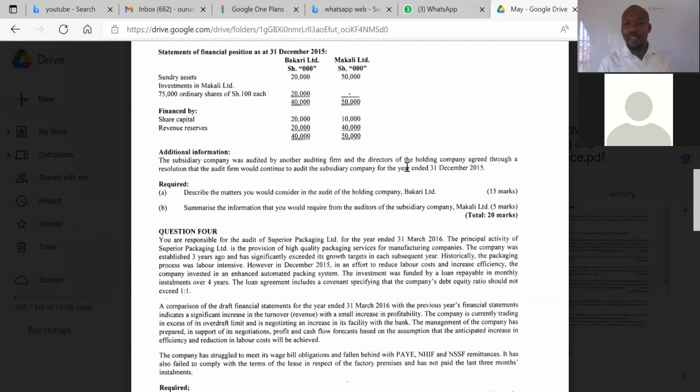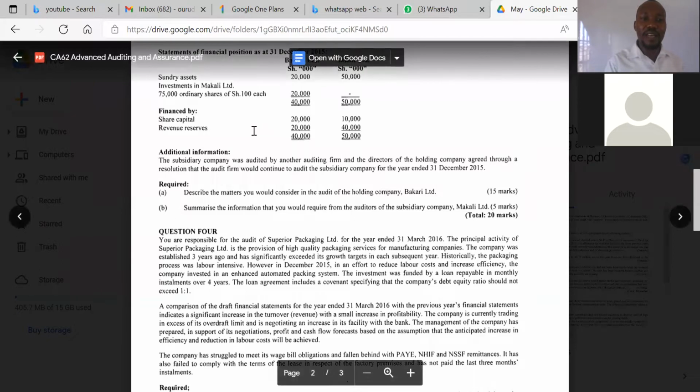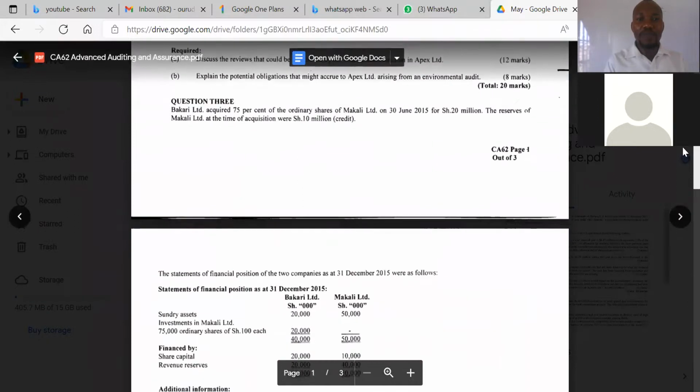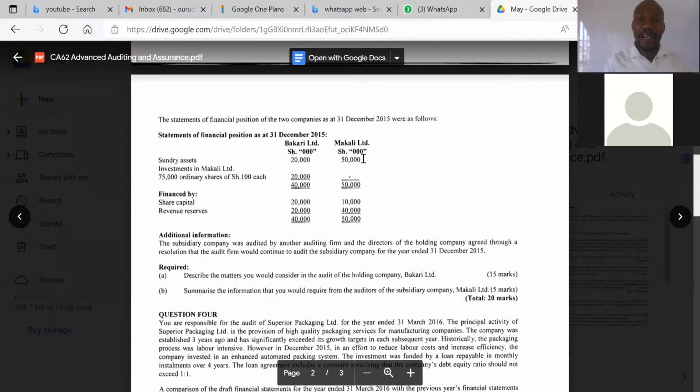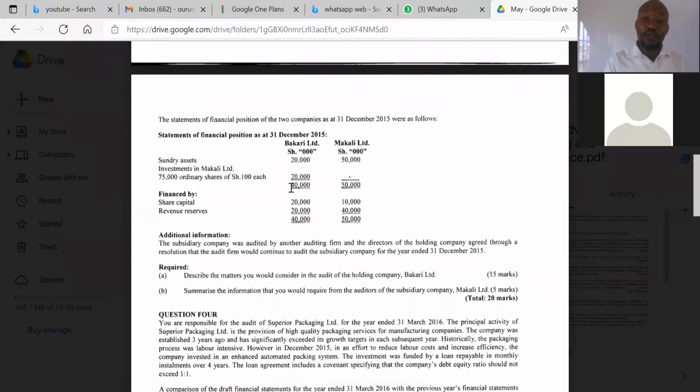In this case, they have told us it acquires 75%. So a small mistake under Makali will impact the whole group, because Makali has contributed a lot of money to the group. Remember the assets for Makali are 50 million.